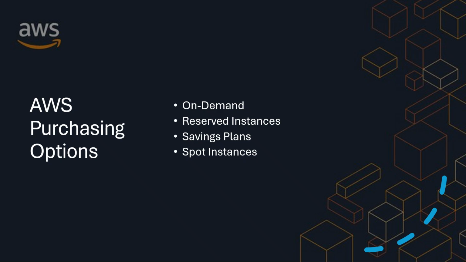Savings Plans offer similar savings with more flexibility. They apply across EC2, Fargate, and Lambda. Spot Instances offer up to 90% savings, which is ideal for stateless, fault-tolerant workloads. Choosing the right purchasing mix is one of the most powerful ways to significantly lower compute cost.